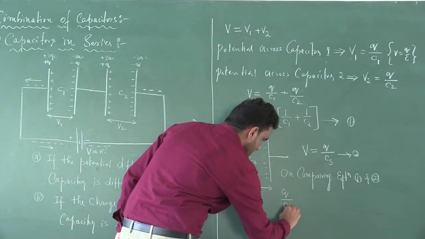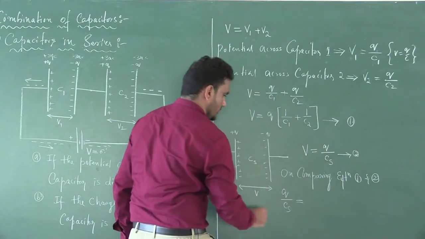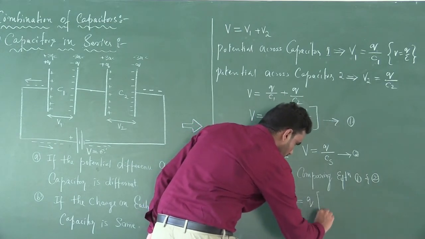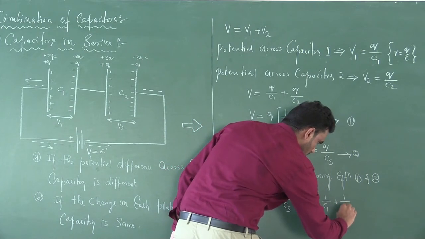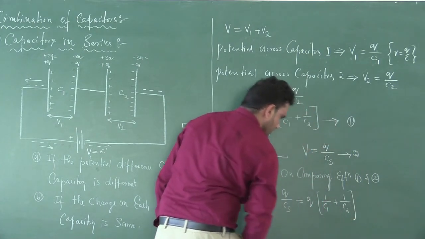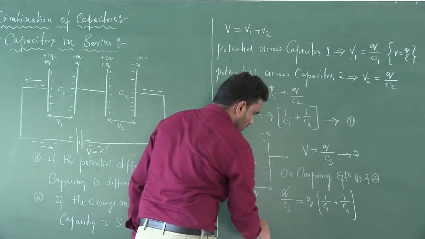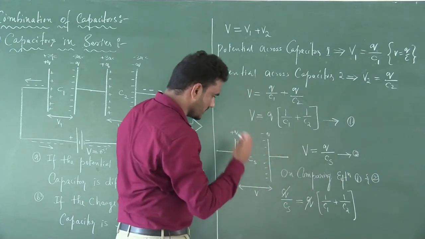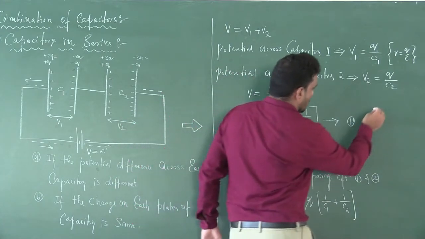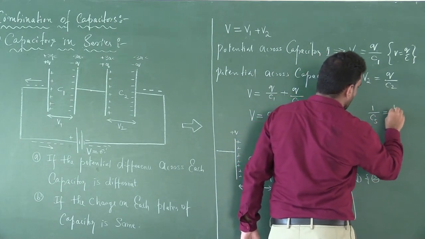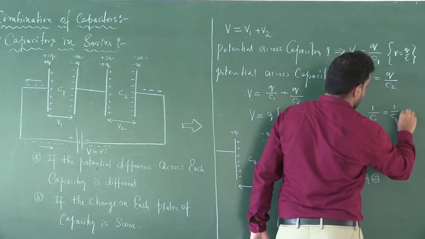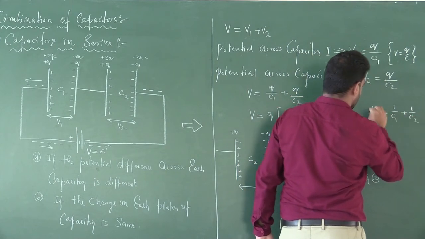Q divided by CS is equal to Q of 1 over C1 plus 1 over C2. So we shall cancel Q. What is the remaining thing? 1 over CS is equal to 1 over C1 plus 1 over C2.